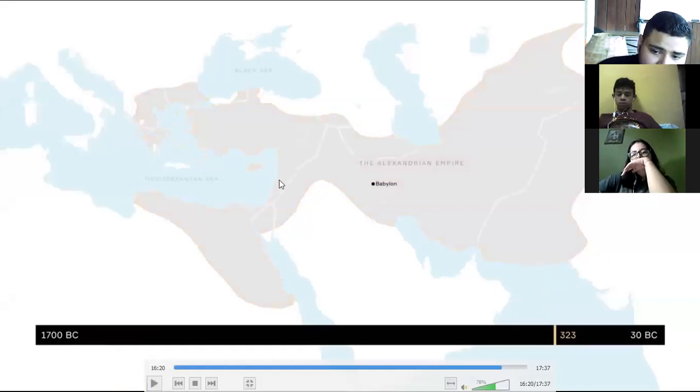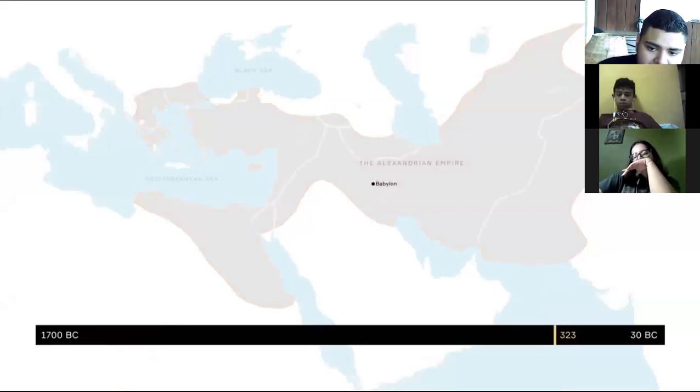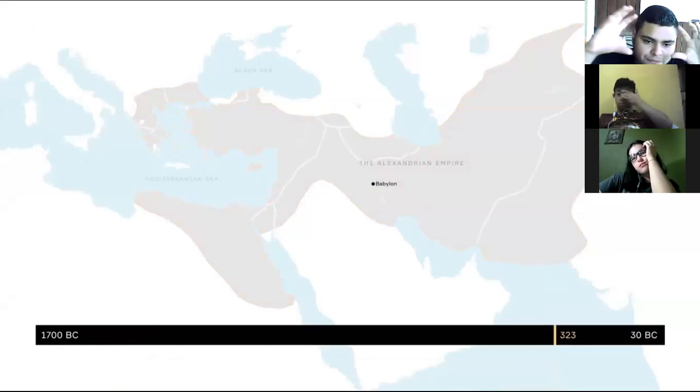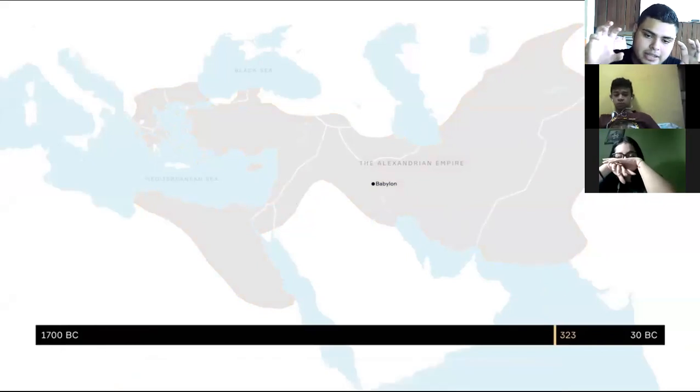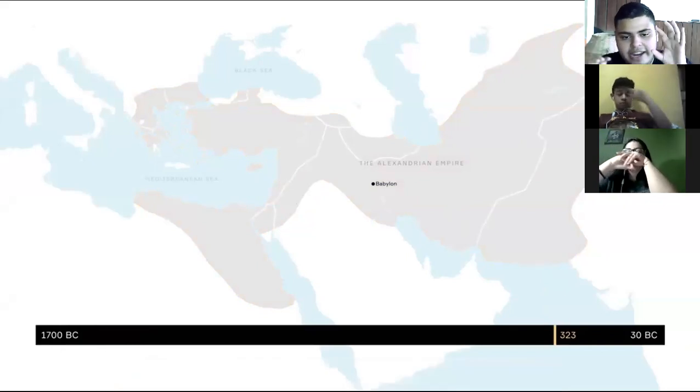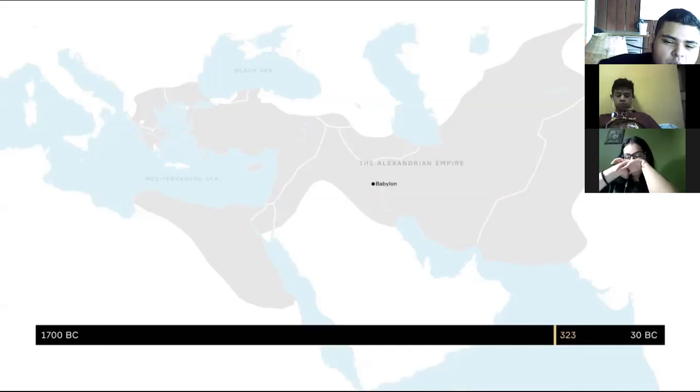But when Alexander died, what do you think happened with the empire? The empire starts breaking into different parts because they no longer had one leader. Look, are you seeing that they start making lines here, dividing the map? That means the empire is dividing itself. If they start dividing themselves, will their force increase or decrease?